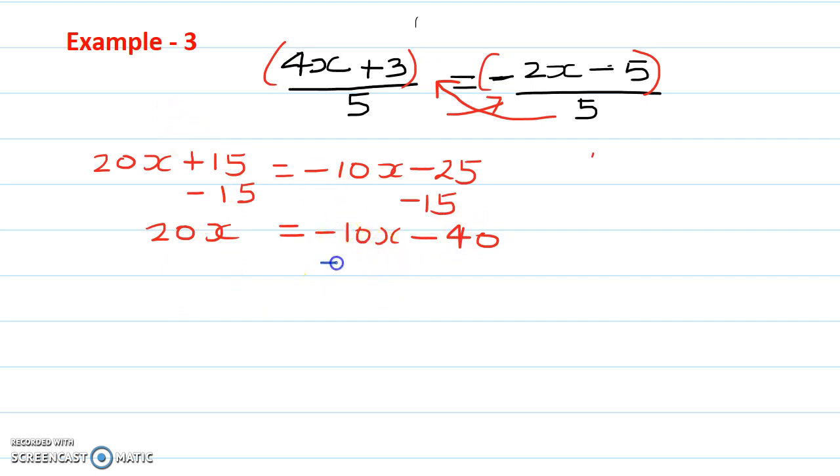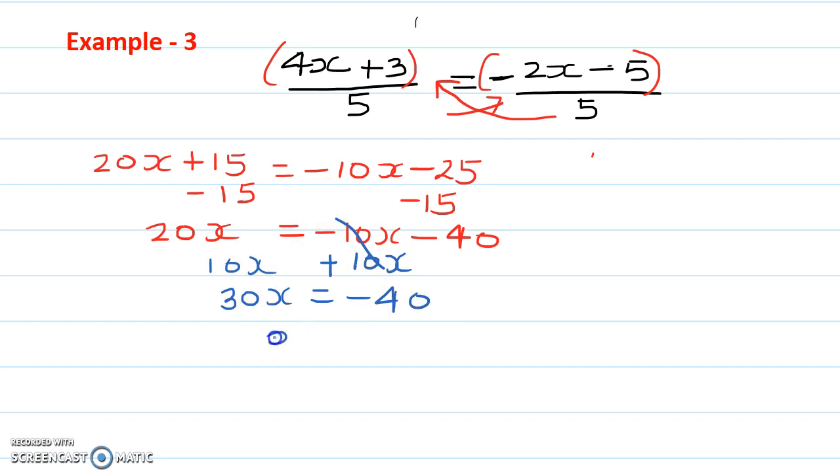Now we can do plus 10x both sides because we need to collect all the x terms this side. So this is cancelled. So it will be 30x, that is minus 40, 30x minus 40.